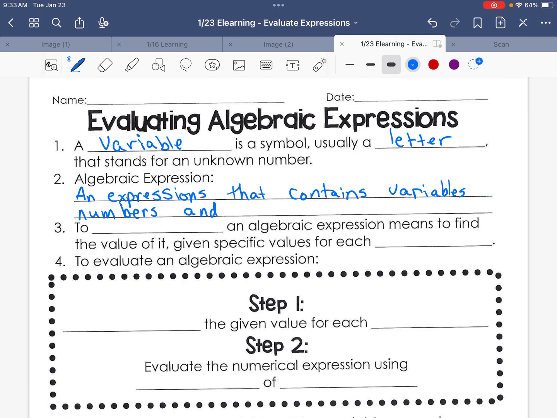Remember, operations are what we use in our order of operations: parentheses, exponents, add, subtract, multiply, and divide.